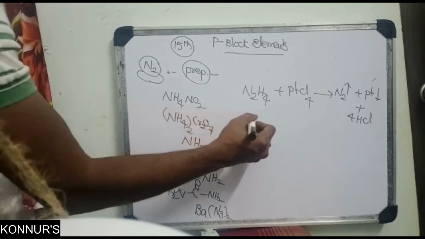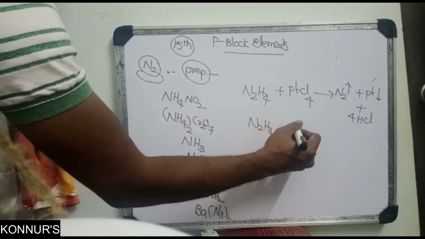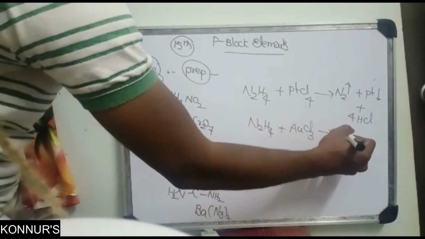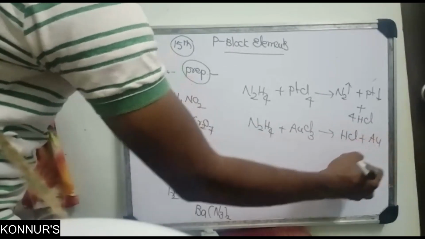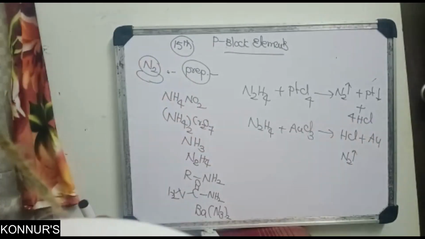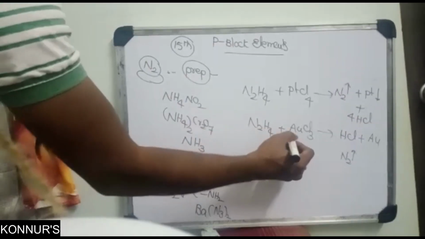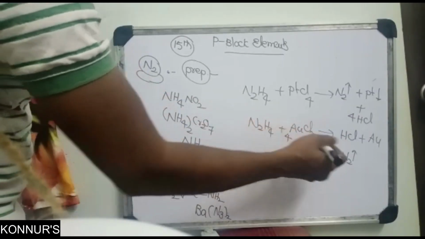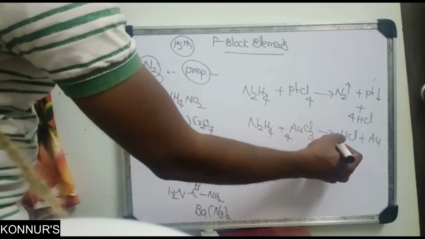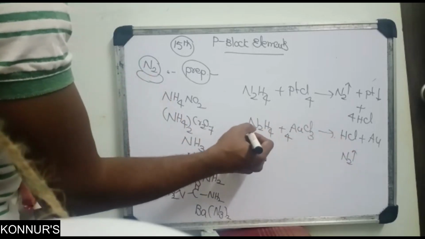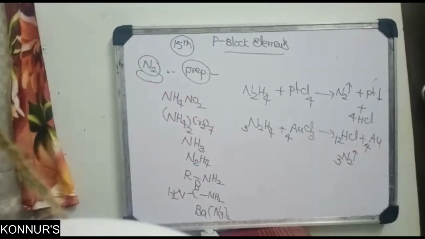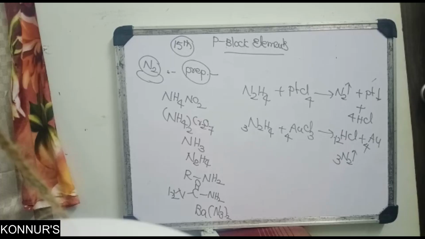Suppose you take gold chloride, AuCl3, with N2H4 and heat. HCl comes outside, gold is separated, nitrogen gas comes outside. To balance, 4 gold, 12 chlorines, 12 HCl, 3 nitrogen. So logically you can think and complete those preparations also.